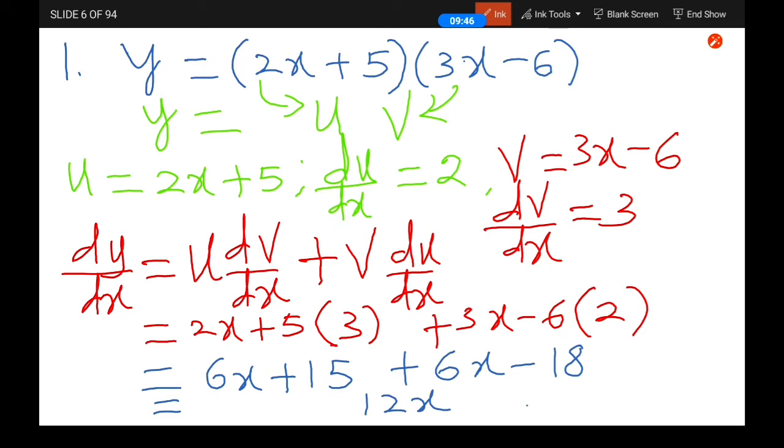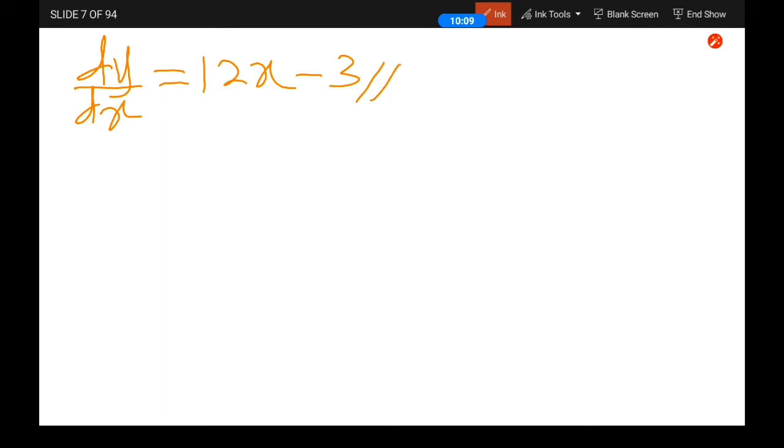Then 15 minus 18 gives us minus 3. And that is dy dx, 12x minus 3. So what we are trying to do there is differentiate one, leave one constant, and that is what we call the product rule.